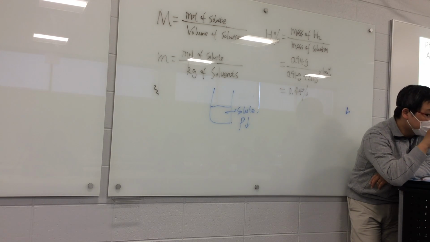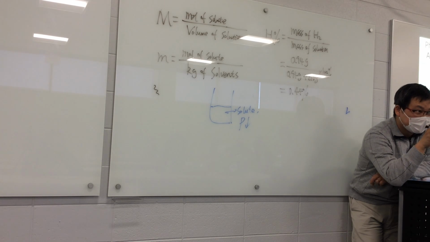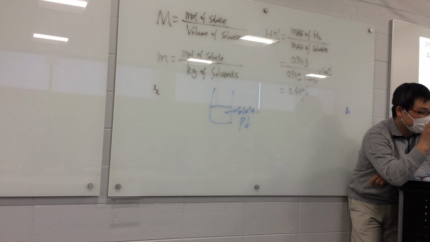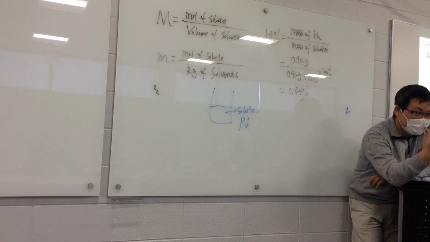Because ice is made of water, naturally it will start to dissolve the sodium chloride and calcium chloride. Therefore, the resulting mixture has a lower freezing point.